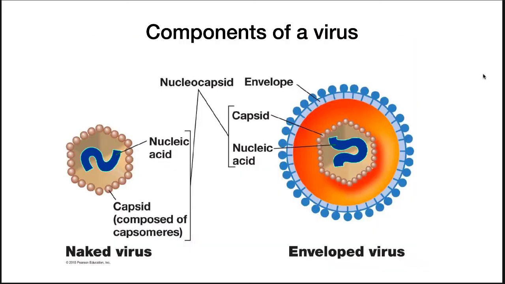The virion is the complete infectious extracellular viral particle. Viruses will have various parts. At the center of the virus is the genome that encodes the genetic instructions for making new virus. This nucleic acid can be DNA or RNA, single or double-stranded, and that's very different than the host cells that you're used to thinking about, where the genome is double-stranded DNA.